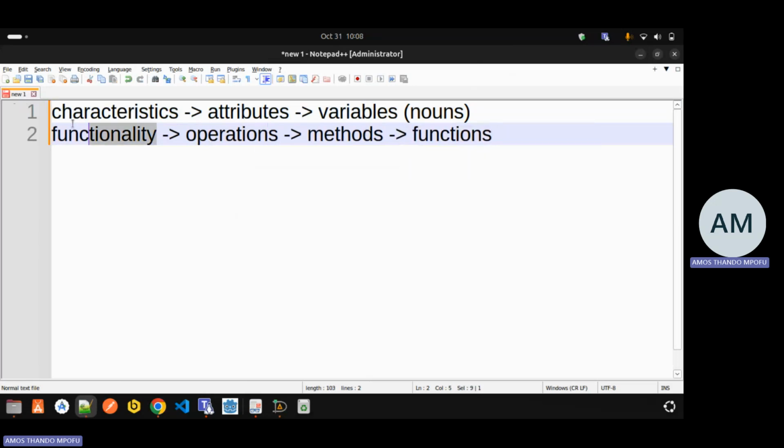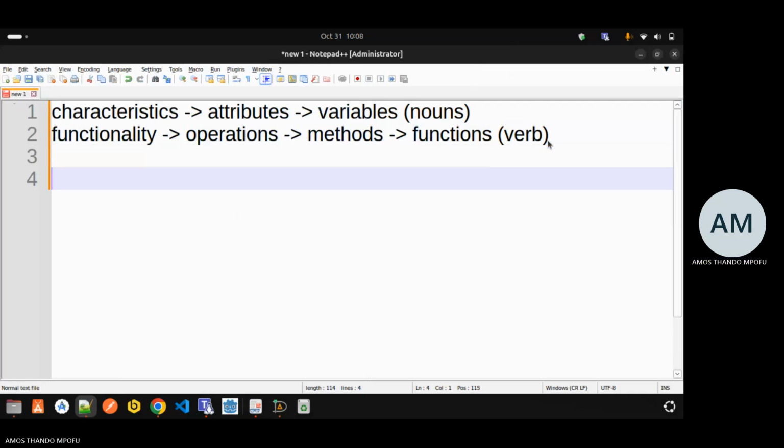To represent functionality. Basically, since it's functionality, it's an action. So we're going to choose verbs, which are doing words, right? We're going back to English now for those who think they could run away from English. So we choose verbs.